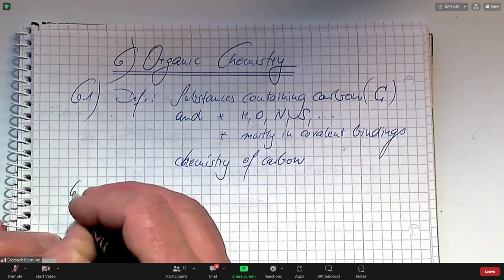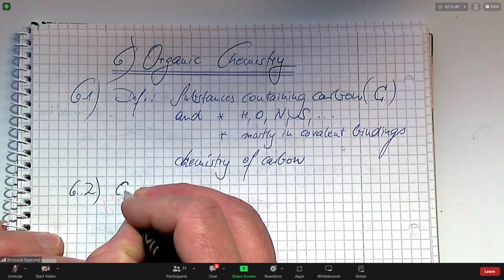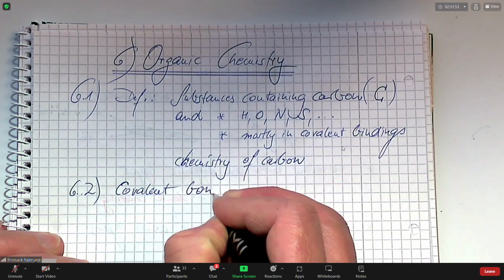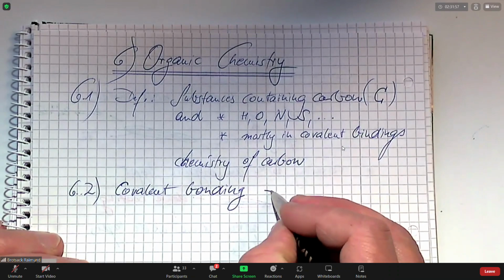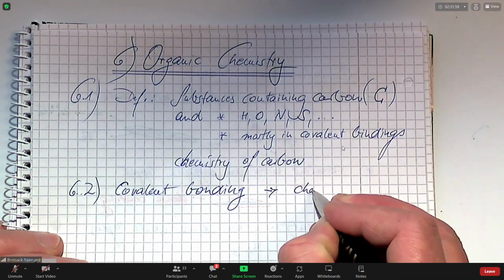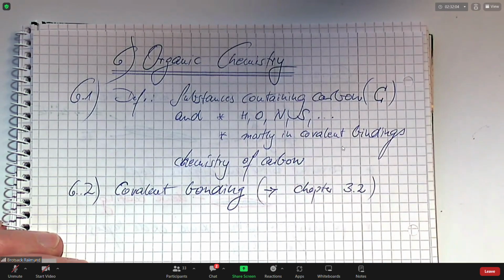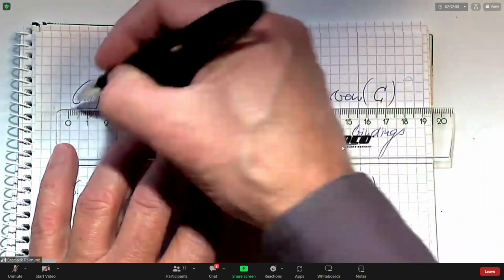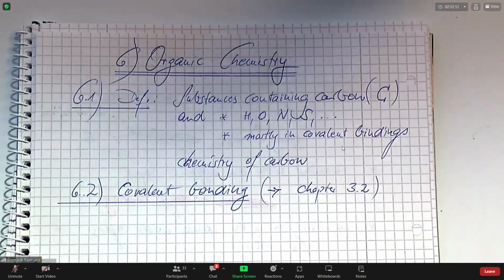So the different types of bonding. Check it. I think it's chapter 3.2. We have single bond.